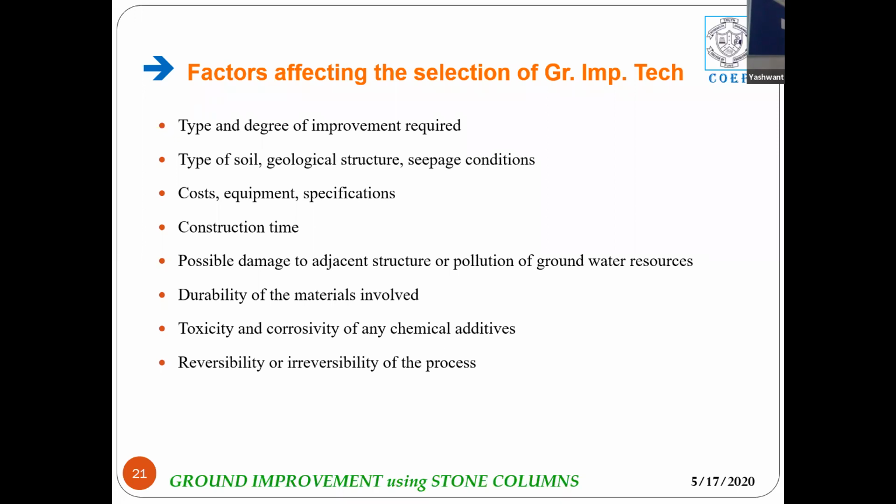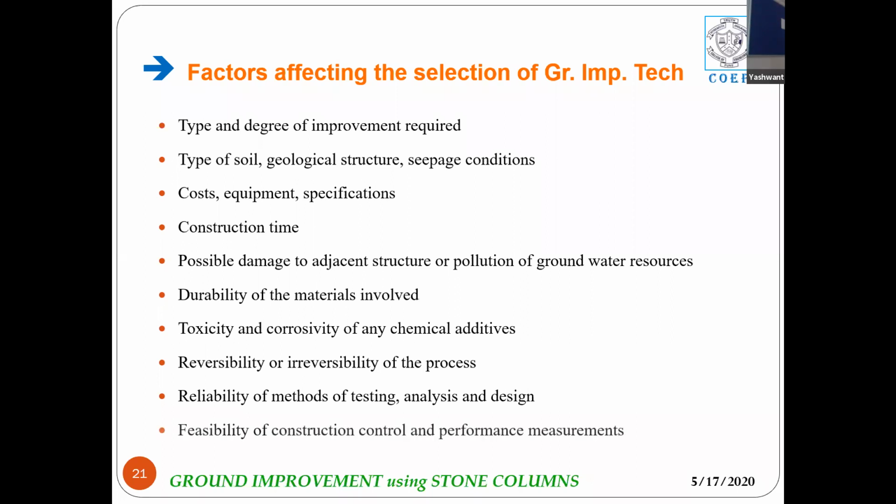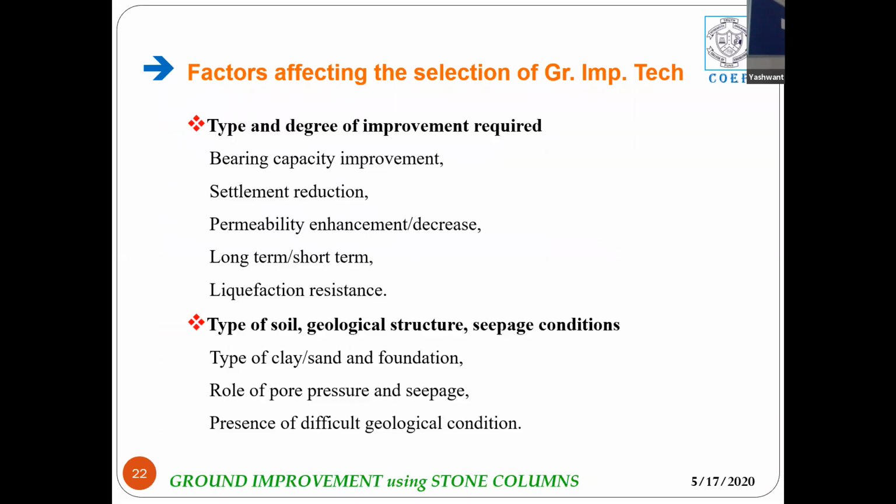So durability of this material will be playing a vital role. Then the toxicity, if any chemical admixtures are going to be used, whether they are toxic in nature and whether they are going to have any impact on the soil behavior as well as the pore water. Then the chemicals, the reversibility and irreversibility of the processes, the reliability methods, feasibility of construction controls, and the performance measurements.